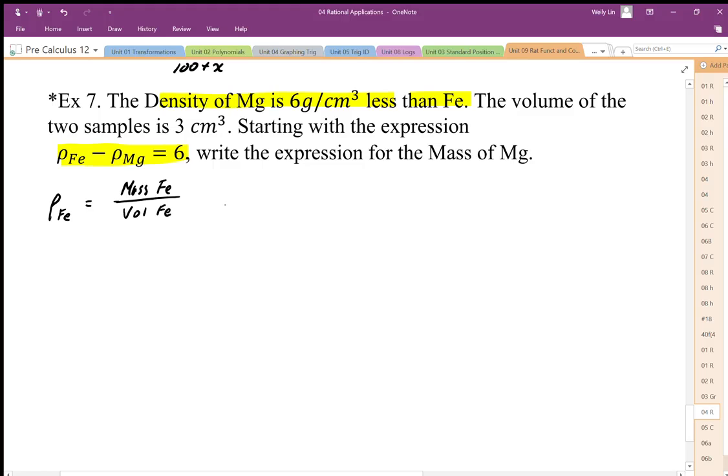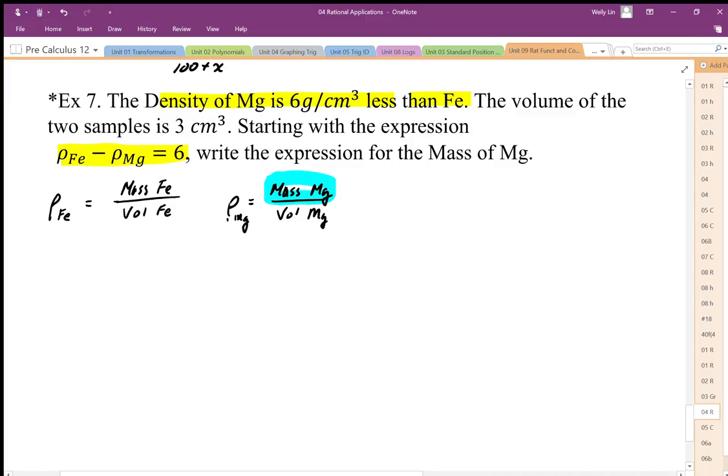And then the density of magnesium is going to be the same thing: the mass of magnesium divided by the volume of magnesium. And this is what we're solving for. We want to have some expression that equals mass of magnesium.